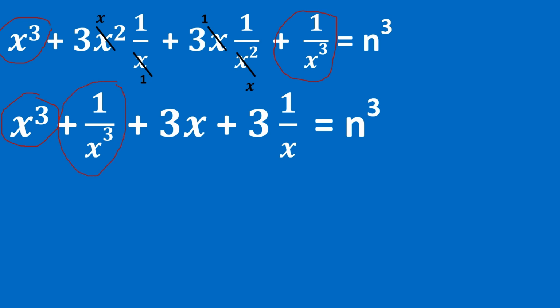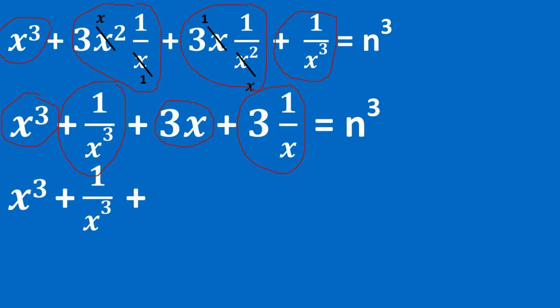Then the simplified version of this value is 3x, and the simplified version of this value here is 3 times 1 over x. And of course, the right-hand side is equal to n raised to power 3.